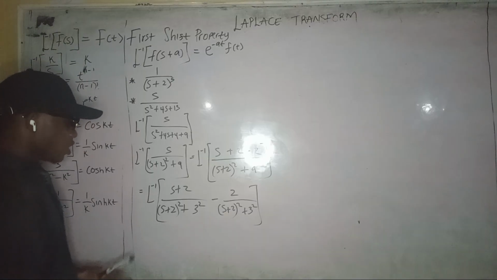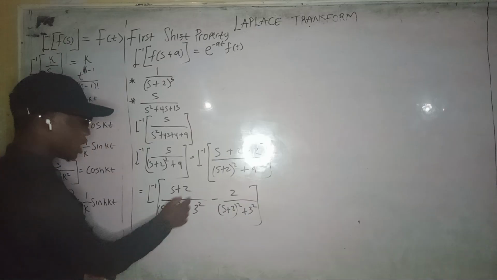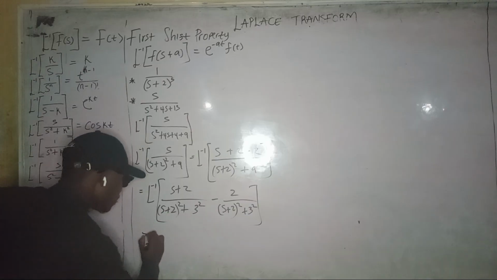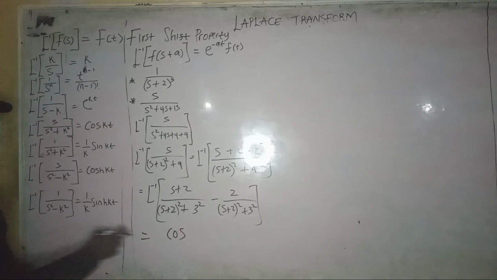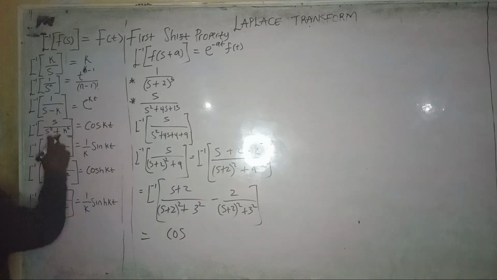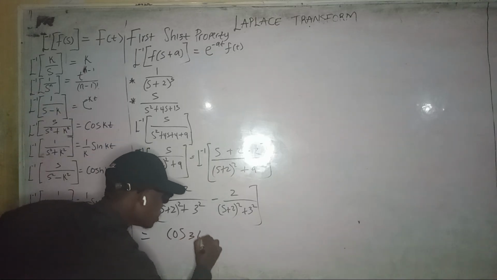So first of all, assume that without the plus 2 here, we are going to have this as our cosine. Without the plus 2, this is a plus sign, so we're going to have it as cos 3t.